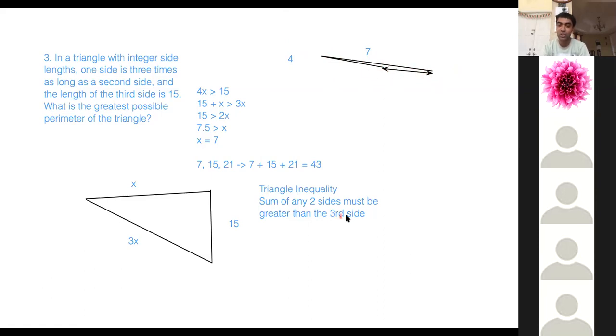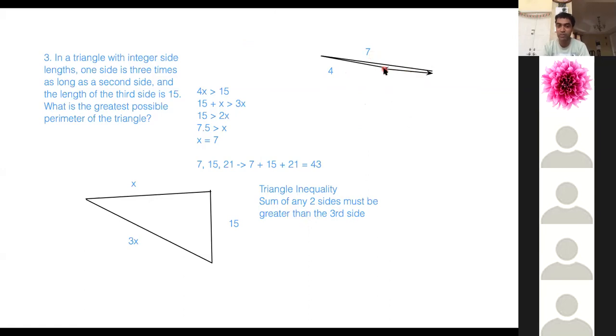Now, we actually hit the triangle inequality again, right? And how is that the case here? If you add up 4 plus 7, it's 11, and 3 is less than 11. Good. So now the smallest possible value of this side here, if it's less than 3, or if it's equal to 3, then the sum of these two sides, 4 plus 3, is equal to 7, right? Which again violates this, right?